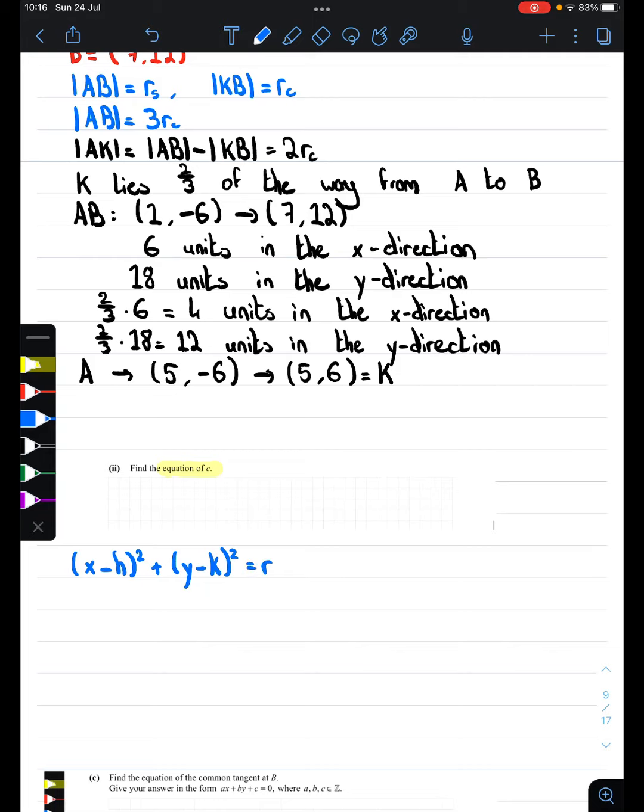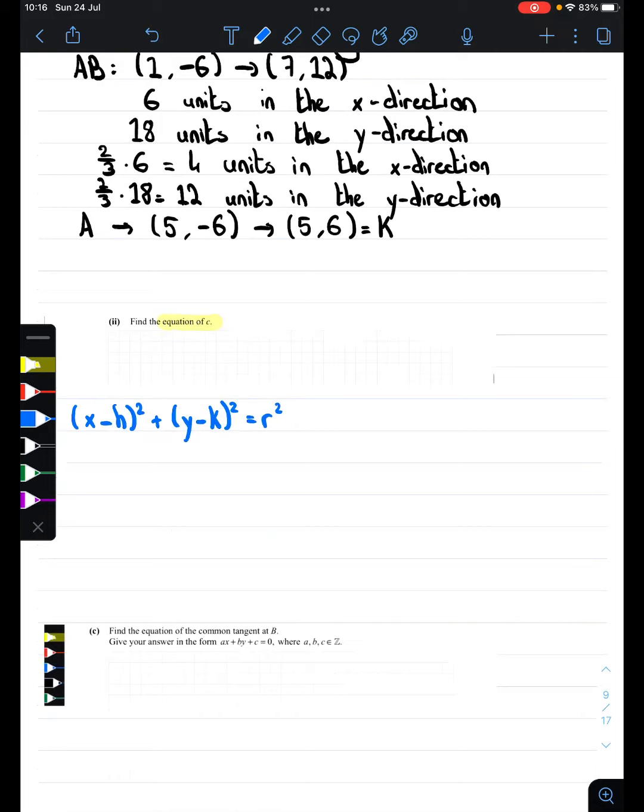Now, we could also write it as x² + y² + 2gx + 2fy + c = 0. And it's not obvious which is the better way to do it.